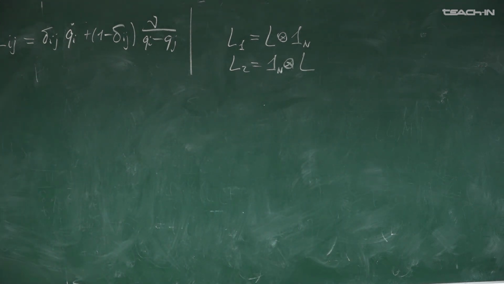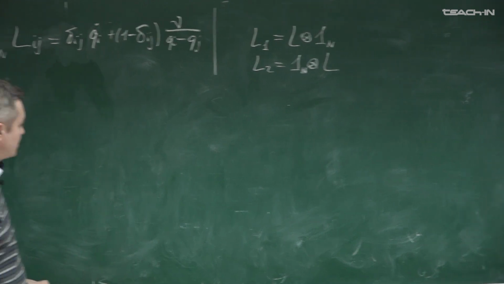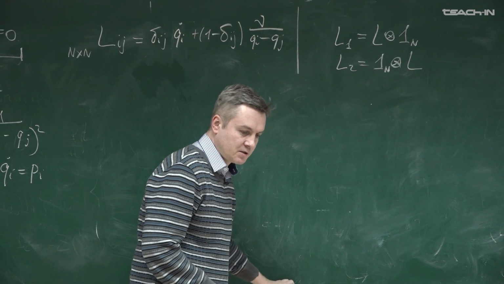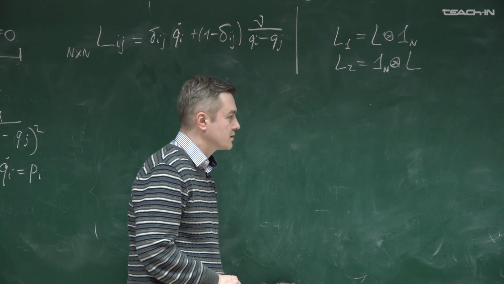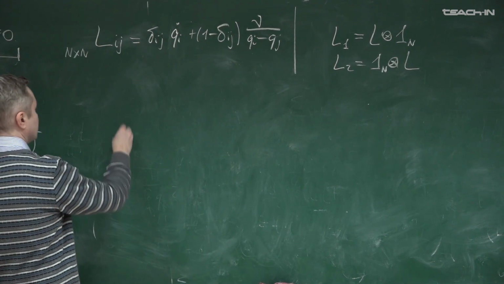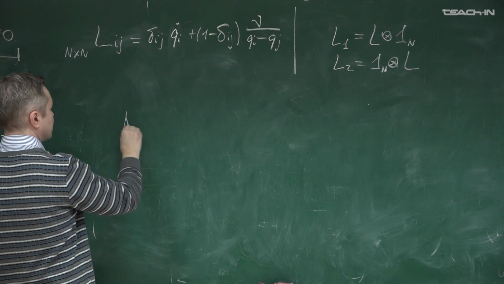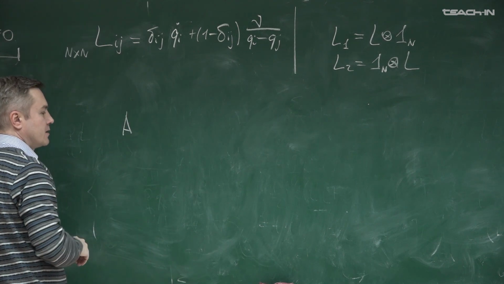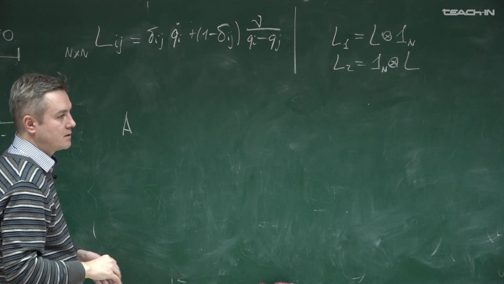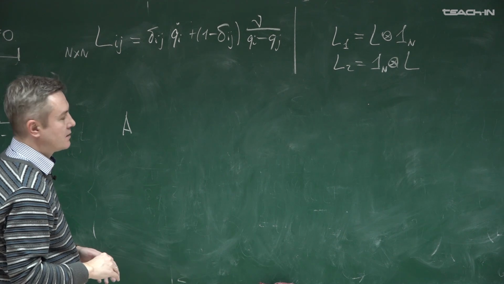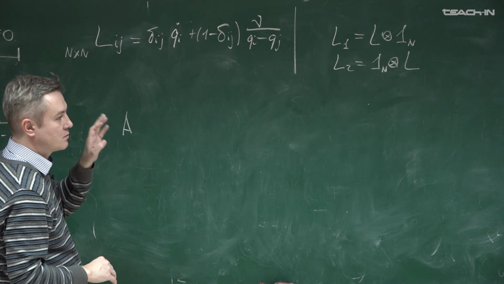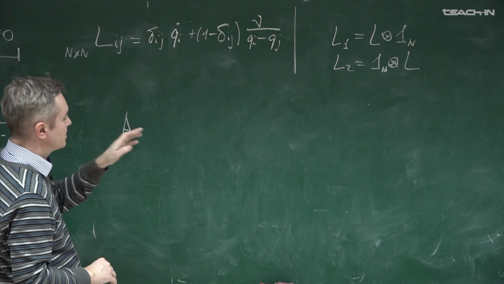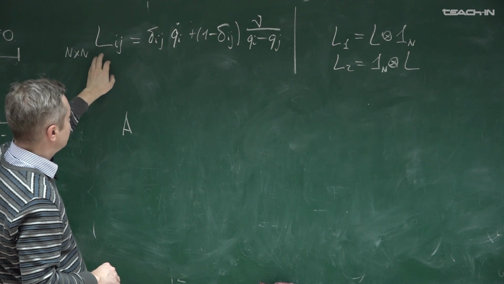So maybe I should recall some notations related to tensor products. If you have a pair of matrices, in fact they can of course be rectangular, but it is easier to deal with square matrices because our matrices here are square.